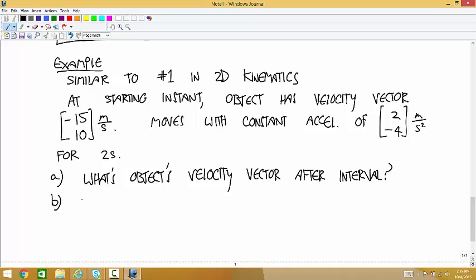And second, what's the displacement of the object over this interval?